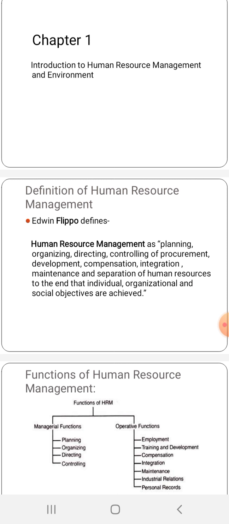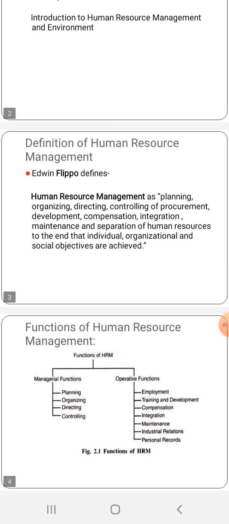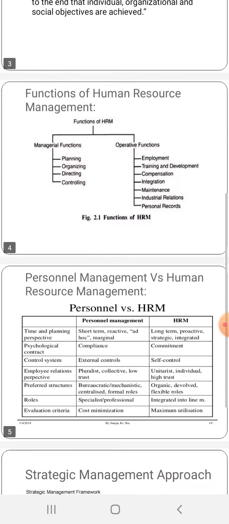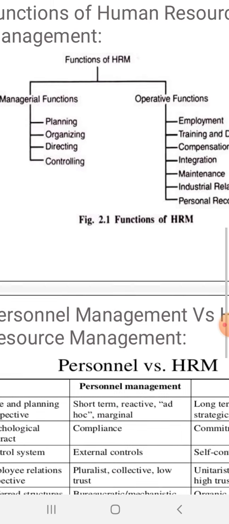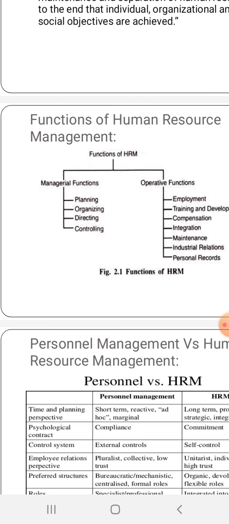It also covers all levels, low, middle and top, and all categories: unskilled, skilled, technical, professional, clerical and managerial. So this is what human resource management is about. Then we will be discussing one by one what are the functions of human resource management.